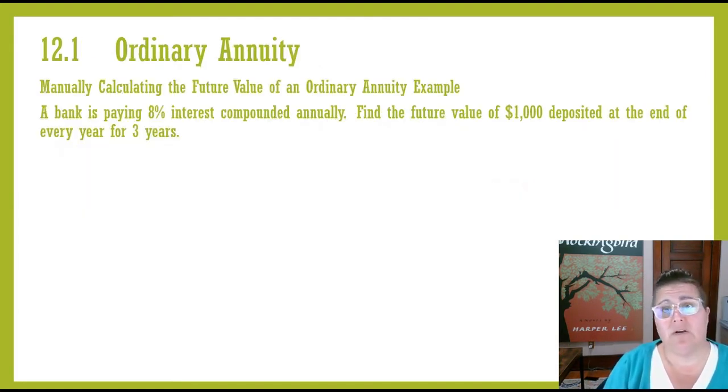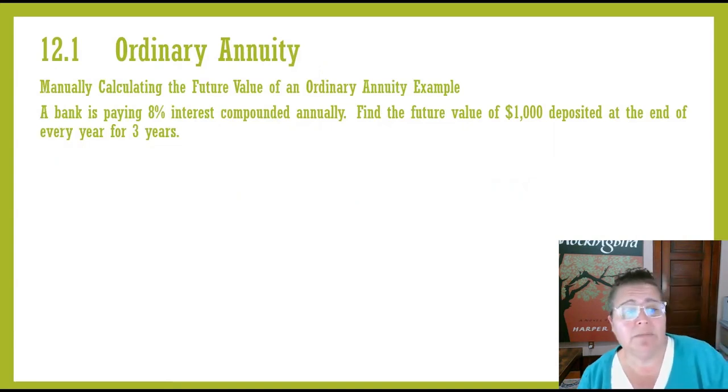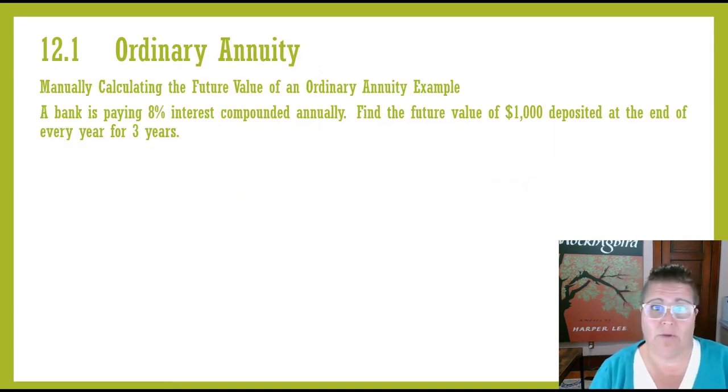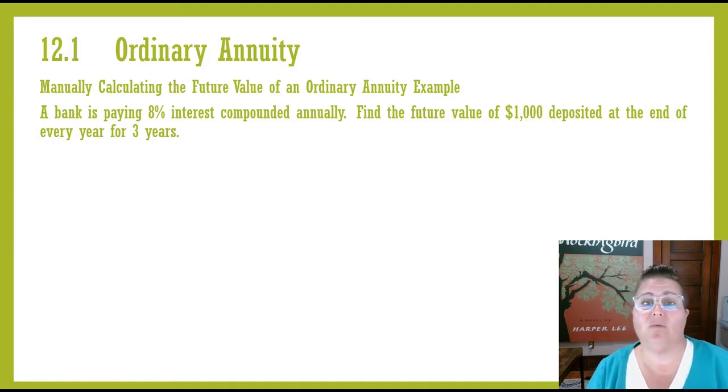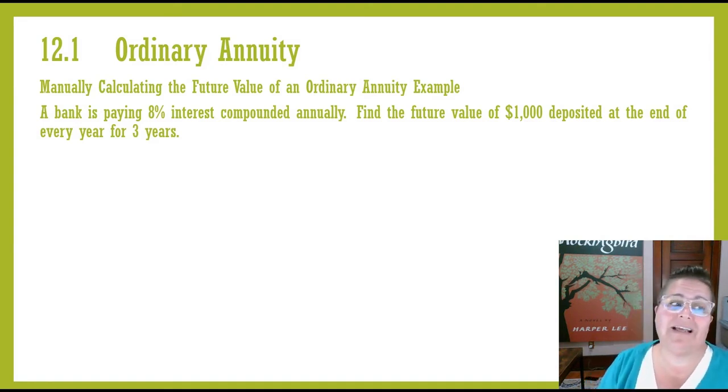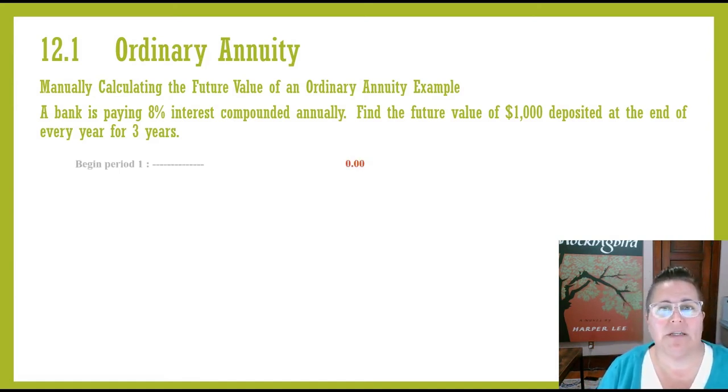All right. That being said, here's how an ordinary annuity works. We're going to do a manual calculation of an ordinary annuity. Here's the information we have. The bank is paying 8% interest, and it's going to compound that interest annually. We're going to find the future value of $1,000 deposited at the end of every year for 3 years, right? So when we open this annuity at the beginning of year 1, we open it with $0 in it.